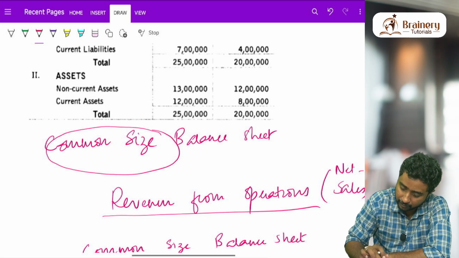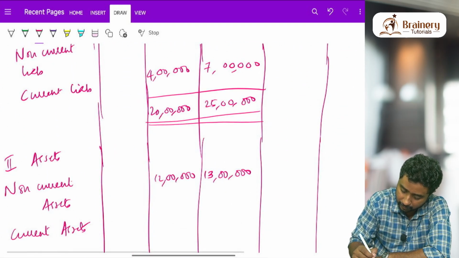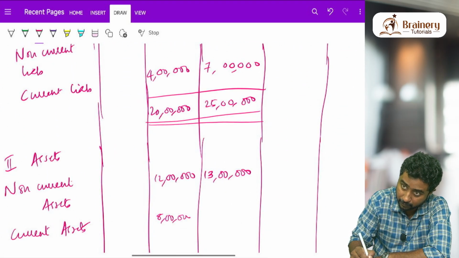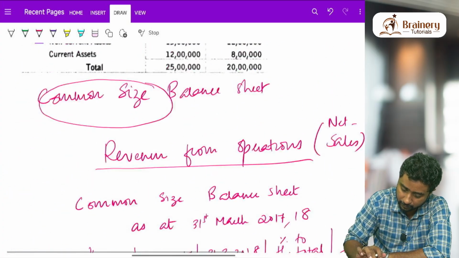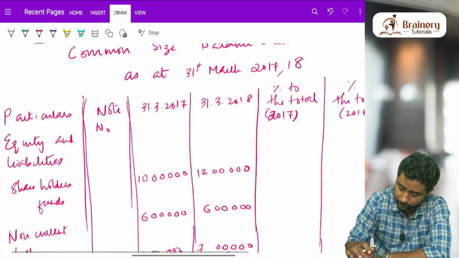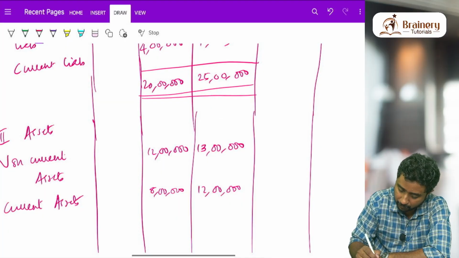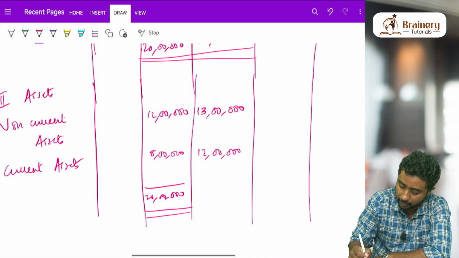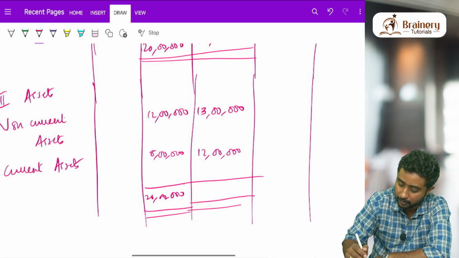Similarly, current assets: last year 8 lakhs, now 12 lakhs. Total will be 12 plus 8, here also 20 lakhs. Obviously, you know that the assets total will be equal to the liabilities total.